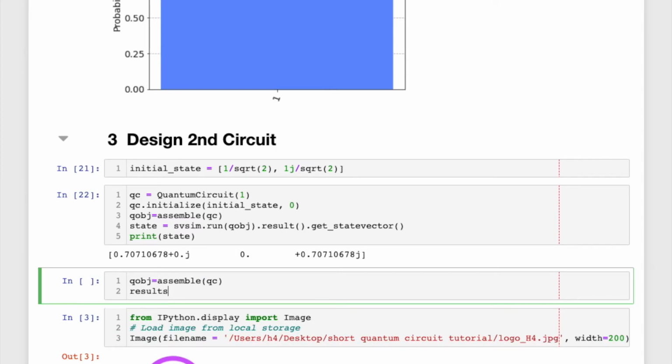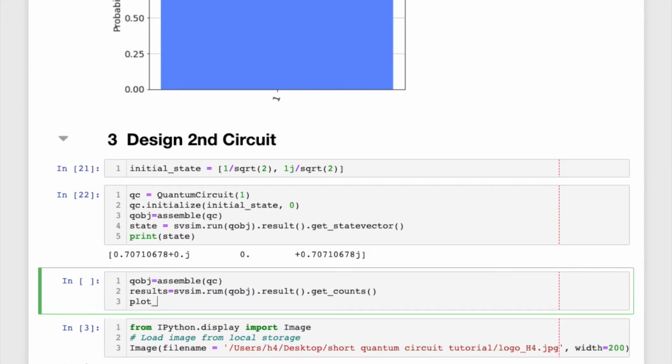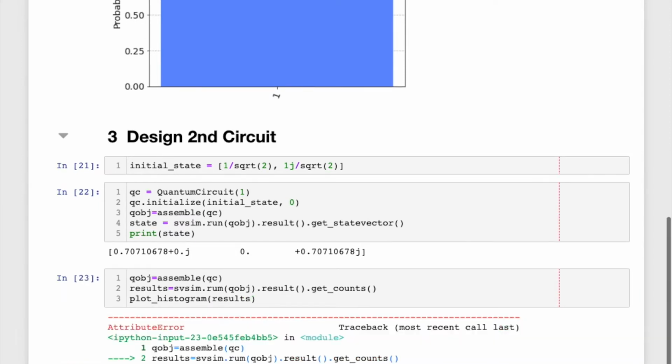So results equals sim.run(circuit object).result().get_counts(), and then just plot a histogram, basically as before, with results. I always make mistakes typing.